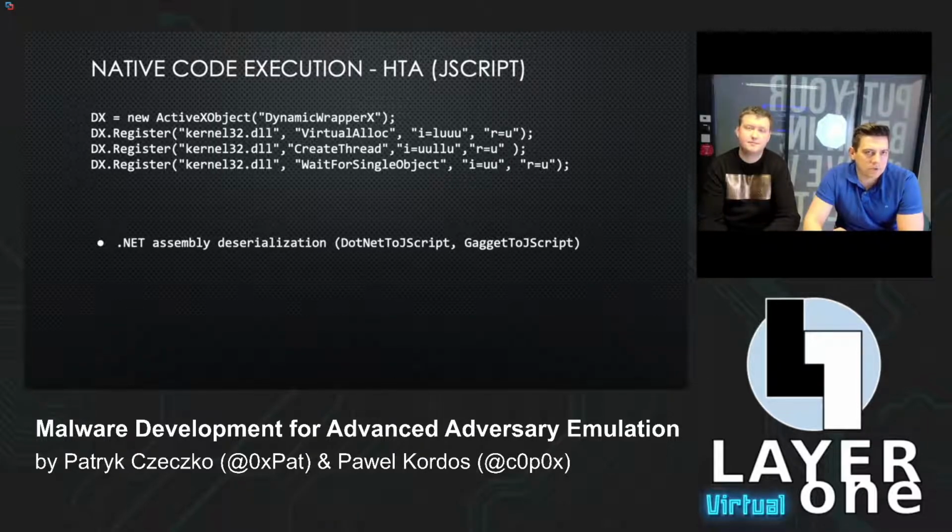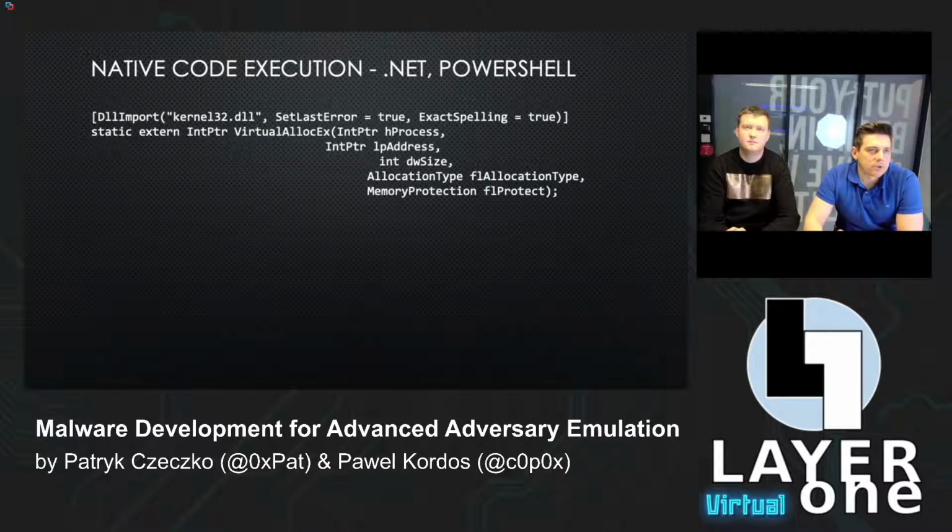So this is information about the function, the expected parameters and what it returns. There's also an option to execute a .NET assembly via deserialization, and there are two good tools for that, namely DotNetToJScript and GadgetToJScript.